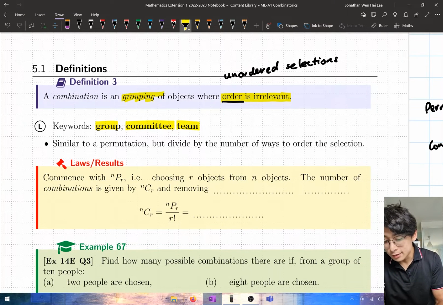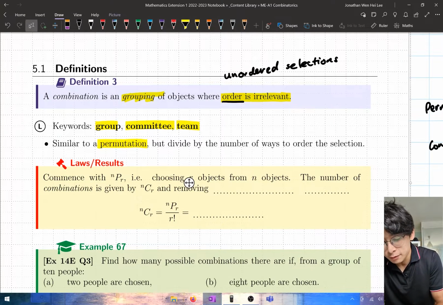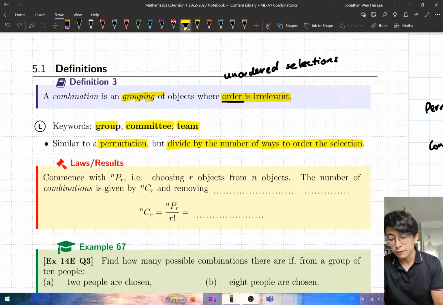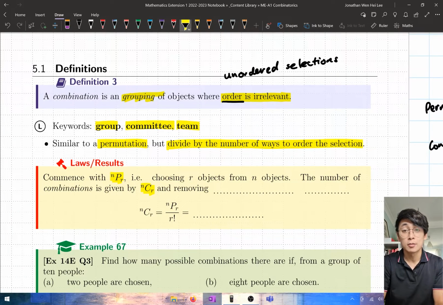And so here, this is similar to a permutation, but we divide by the number of ways to order the selection. If we want to figure out what nCr is, nPr we said was n pick r, nCr is n choose r. We're choosing r things from n possible elements. So we commence with nPr, n pick r, and choose, i.e. choosing r objects from n objects.